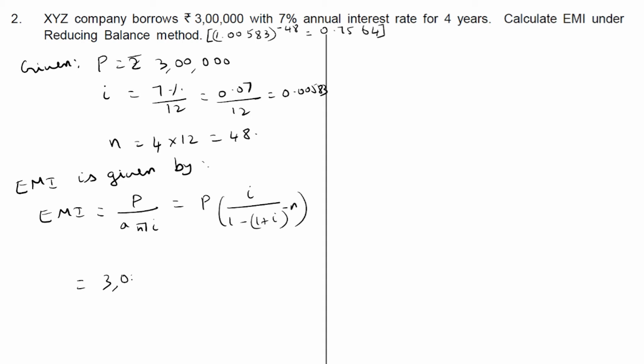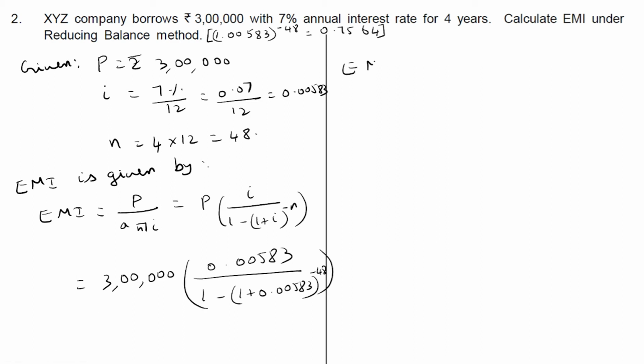So here P is 3 lakhs, I is 0.00583 upon 1 minus 1 plus 0.00583 the whole raised to minus 48. So we have EMI is equal to 3 lakh into 0.00583, which is 1749 upon 1 minus 1.00583 the whole raised to minus 48.